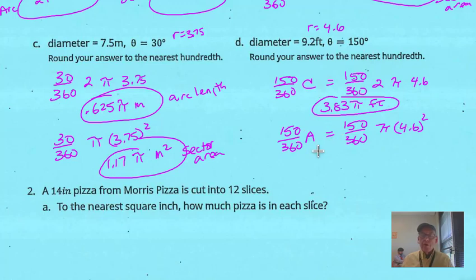And then for the sector area, let's see what we get. We have 150 times 4.6 squared divided by 360 gives us 8.82 rounded to 2 decimal places pi, and our units are feet squared. So that's our sector area.